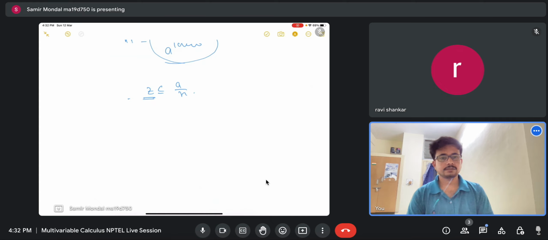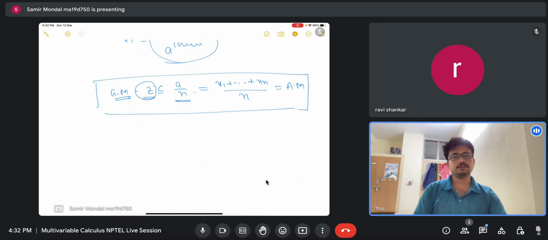This is your geometric mean of n positive numbers, this is your arithmetic mean. So from this problem also we can observe that the geometric mean is less than or equal to the arithmetic mean of n positive numbers. Is it or not?